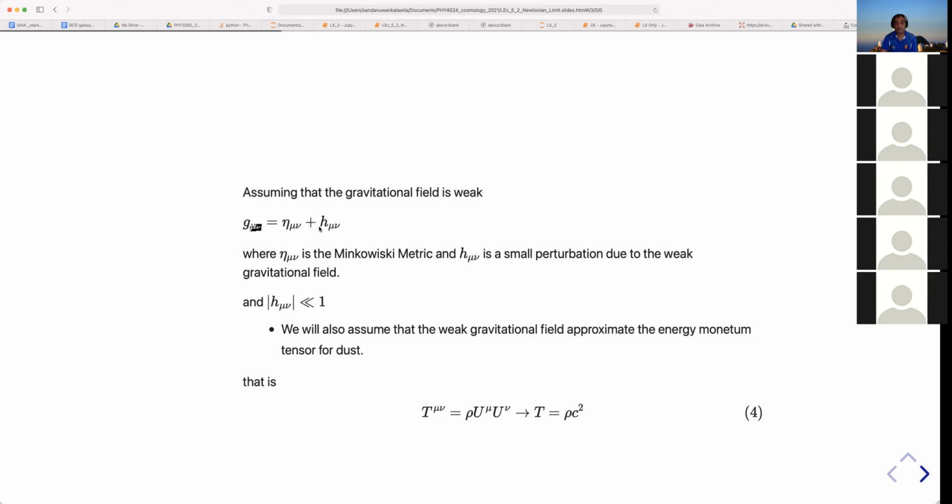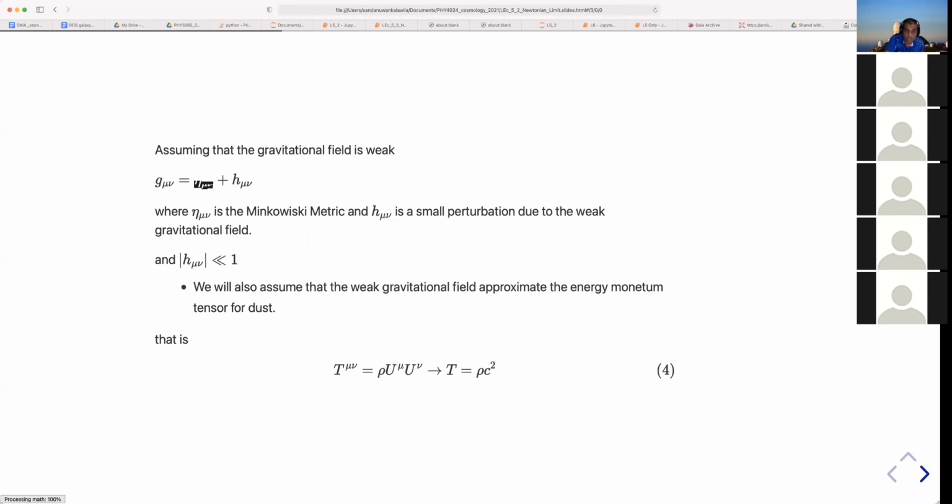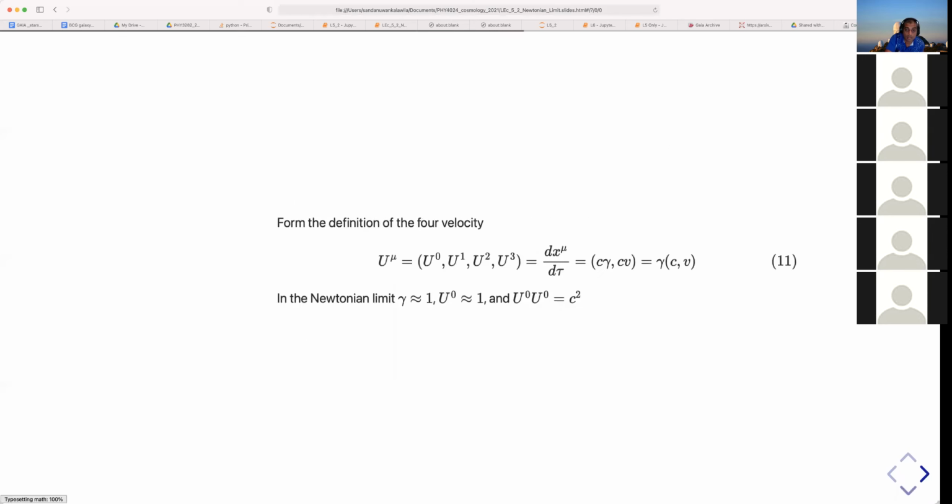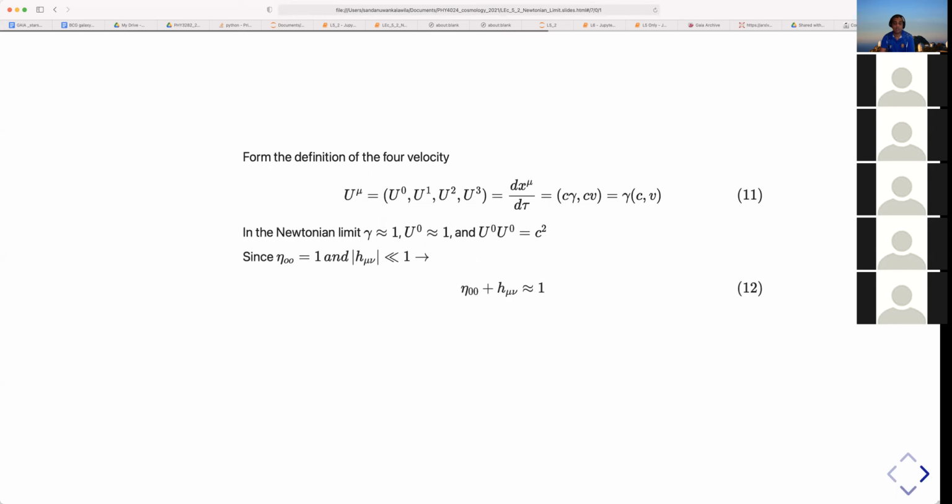What is important here is that the eta 0, 0 term is the very first component of the Minkowski metric, right? And if you remember the Minkowski metric, that very first term is equal to 1, which I have not mentioned here.